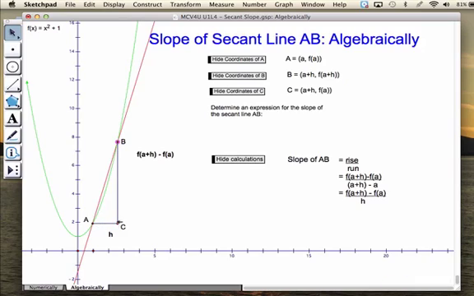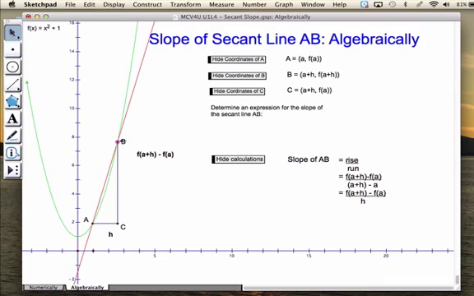B, if I let h be this horizontal distance between them, if I start at the X coordinate of point A, which is a, and I move forward h, or plus h, that gives me the X coordinate of B. Then to find the Y, I would sub a plus h, so it might be 2 plus 0.1 or 2 plus 0.5, into the function to get the Y that goes with B.